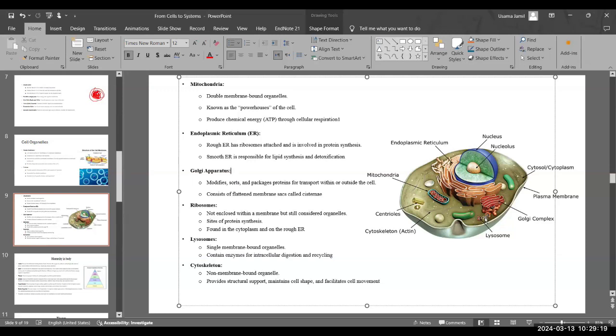In this kind of vesicles they pack things, and they fuse with the cell membrane, and the cell membrane just pushes them outside. So they can contain proteins, they can contain enzymes, they can contain excretory substances that are no longer useful. Also they can contain different metabolites or byproducts of metabolism.